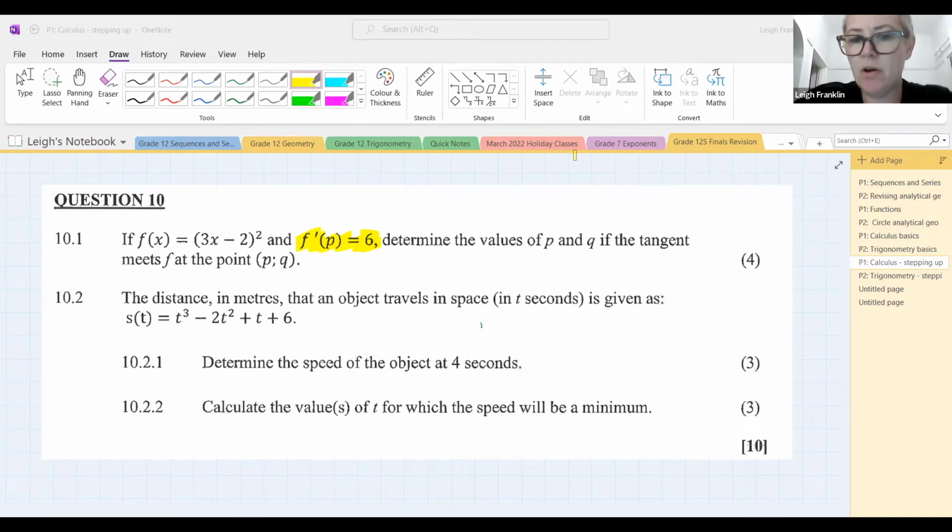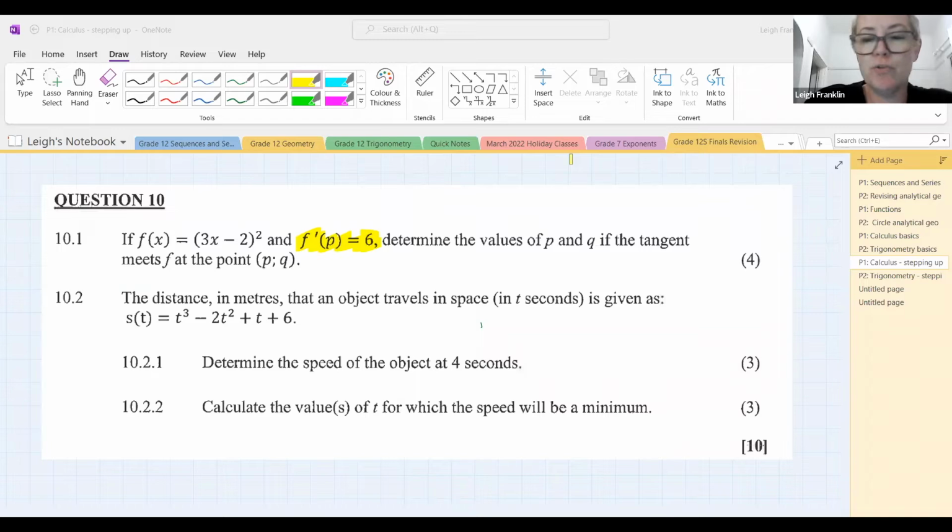Are they the same thing? Are they two different things? So in this situation, what they've done is called the x coordinate p. Okay, so x is p. The y coordinate is q at the point of tangency. So at the point of tangency, x is called p and y is called q.